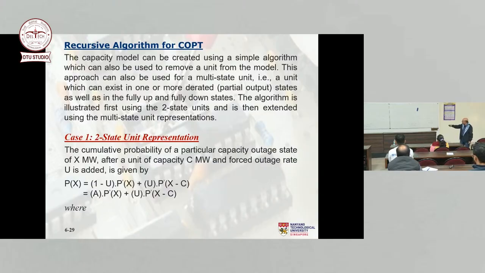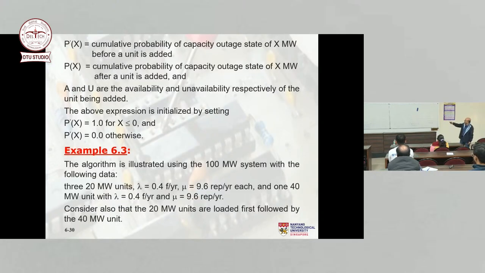Okay, so what is P prime of X here? P prime of X, unfortunately it is split over 2 slides, is the cumulative probability of capacity outage before the unit is added. So we need to know what is the probability of that state before adding this unit, okay? And P of X is the cumulative probability after a unit is added. So one is before, the other is after.